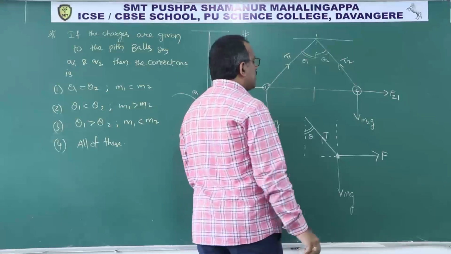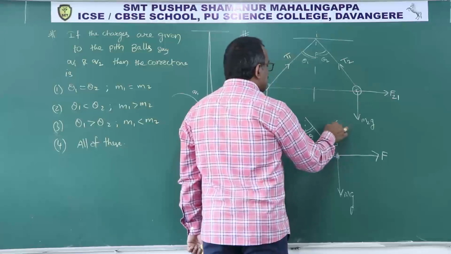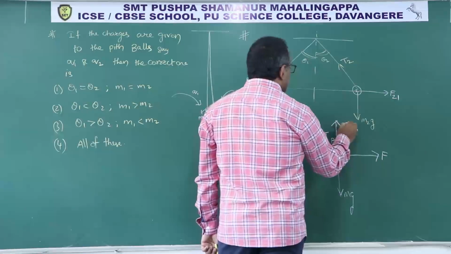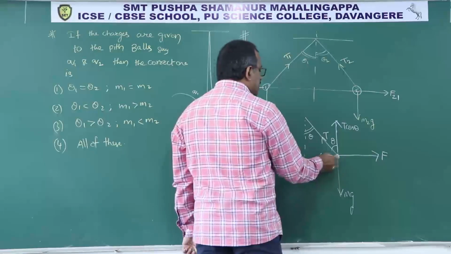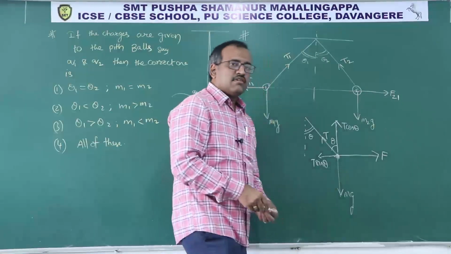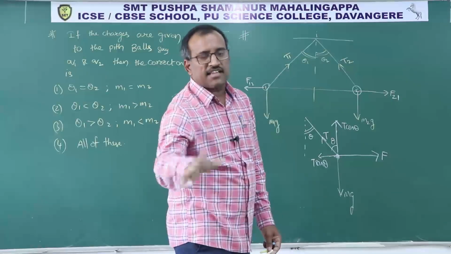You can see carefully. If this is theta, this is theta. Now tell me, this is the touching side of T, that will be T cos theta. This is the non-touching side of T, that will be T sin theta. And you know, when body is at rest, all forces are balanced.